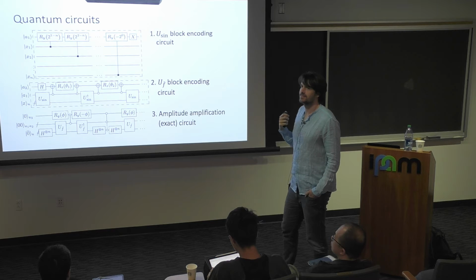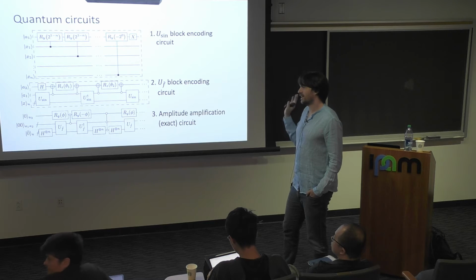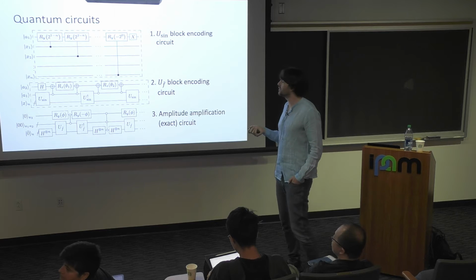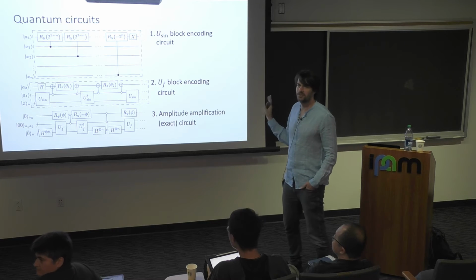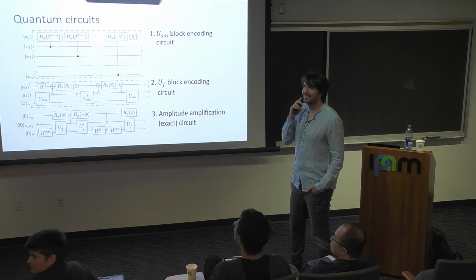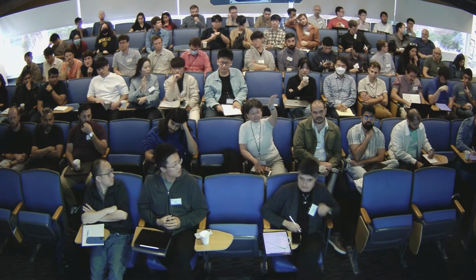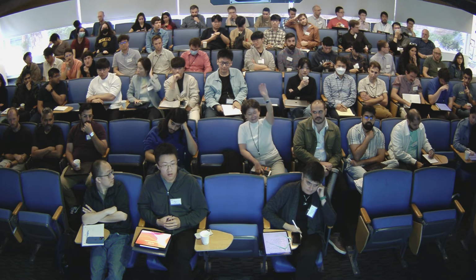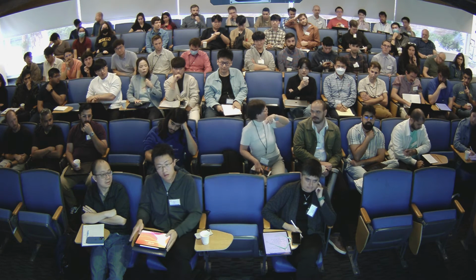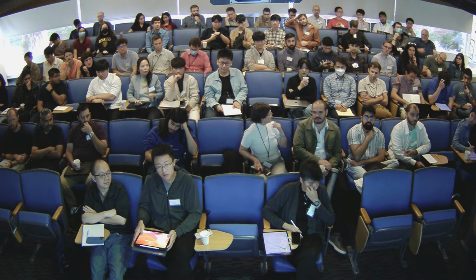I find that mysterious, but very curious. I have no clue about it. But you can run any amplitude amplification scheme of your choice here. This UF dagger seems to be stabilizing things for some weird reason, which I don't understand, but find completely interesting.